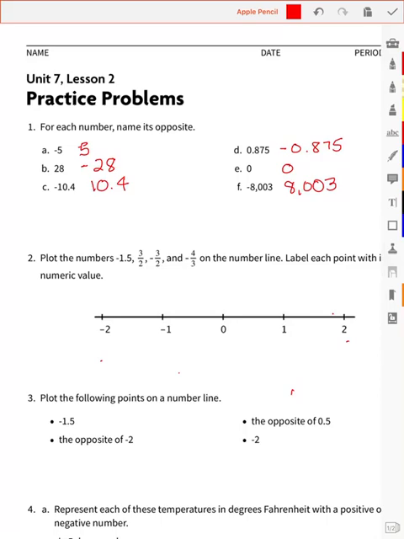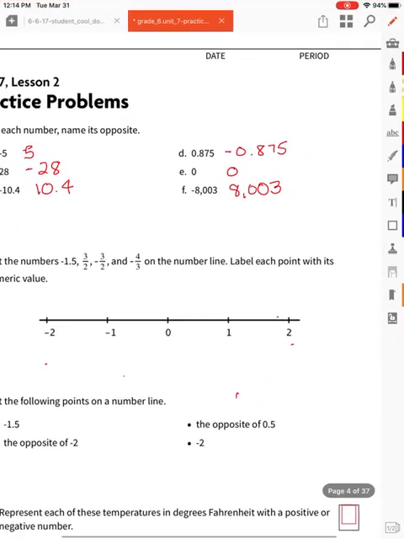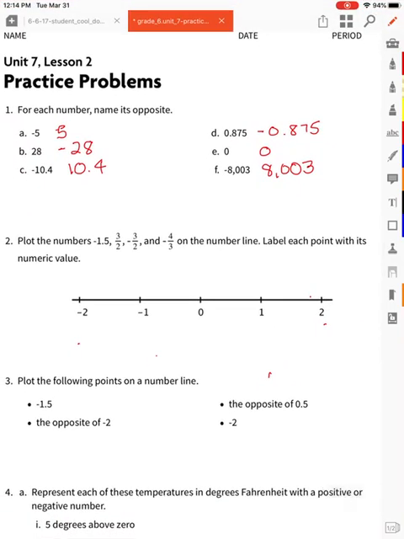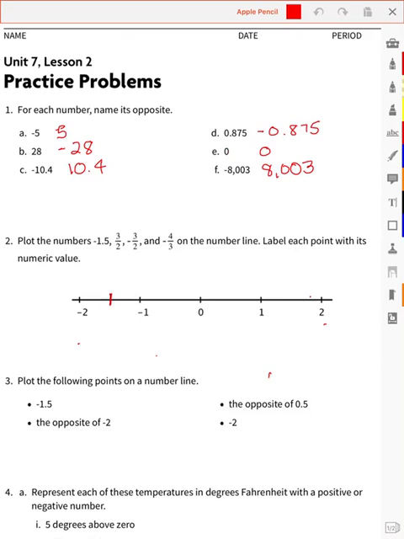Plot the numbers on the number line. Label each with its numeric value. So we have 0, 1, -1.5 is going to be halfway between -1 and -2. Positive 3/2 is also 1.5. That's going to be in between 1 and 2 on the positive side.